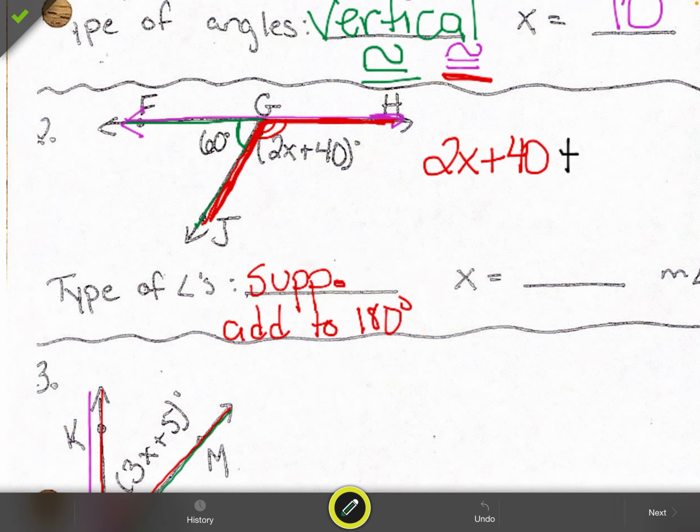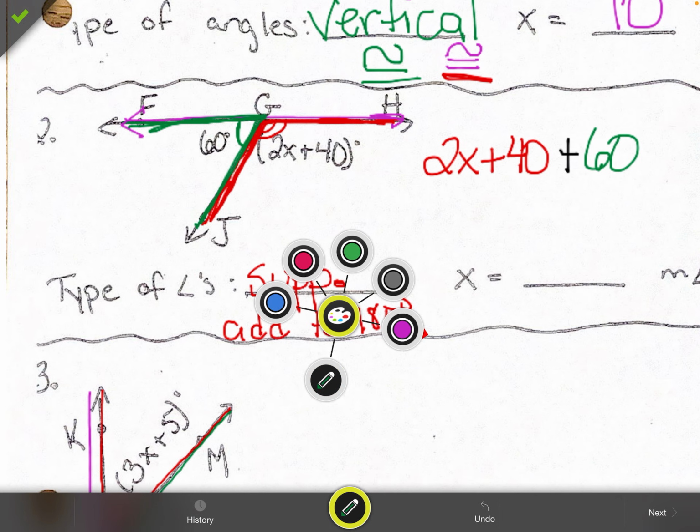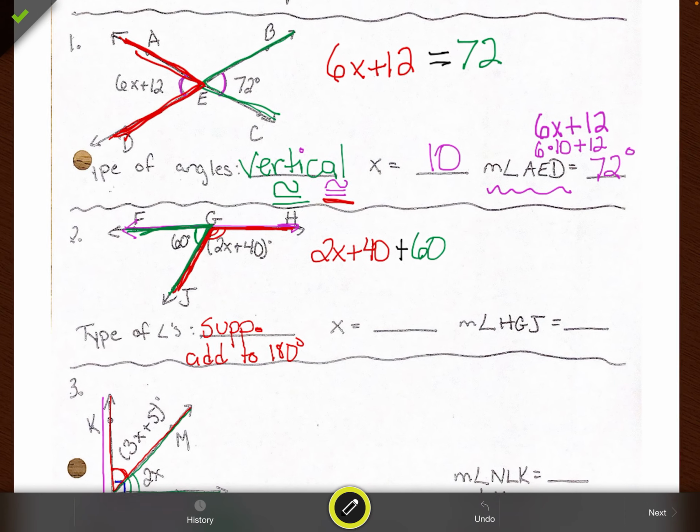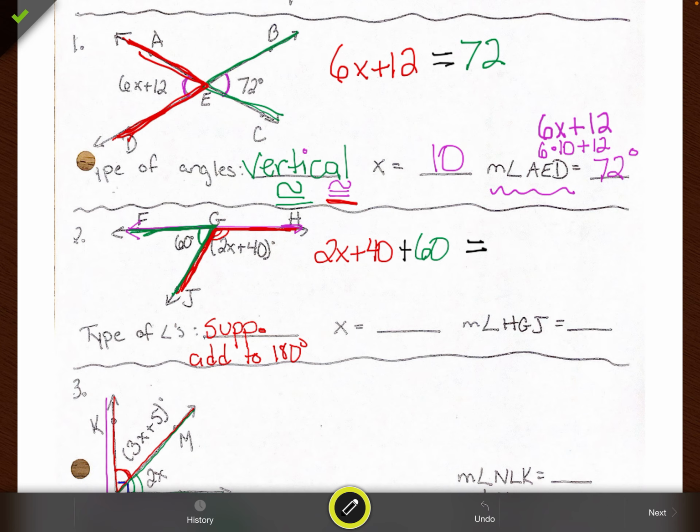And angle 2 happens to be this one right here. So that's 60. And since we said they're supplementary, we know they have to equal 180 degrees. So angle 1, 2x plus 40, plus angle 2, 60, equals 180.